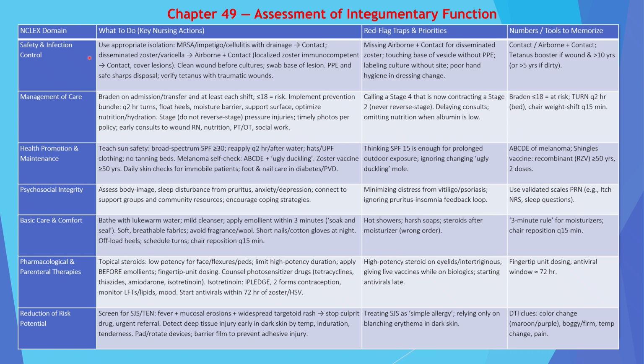And in the history we'll say a patient had stage 4 on admission in January. Now in May it is healed. So that's your evaluating cue. So that's the Braden, turn every 2 hours.